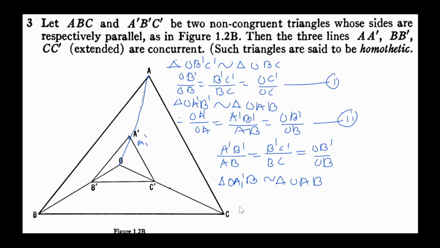Therefore, OA1' upon OA is equal to A'B' upon AB is equal to OB' upon OB. This is equation number 3.